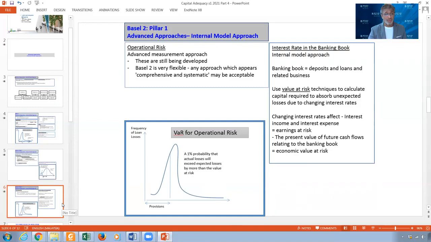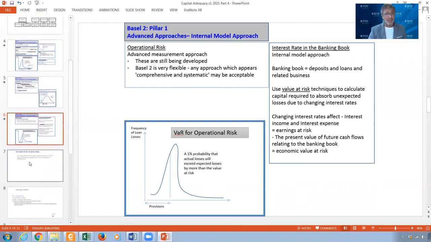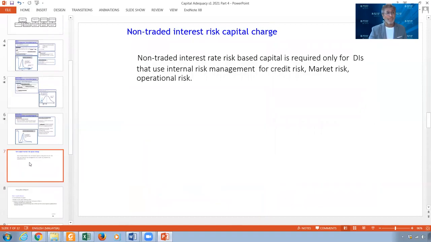All of this needs data and expertise, and big banks can do that. We also have non-traded interest rate risk-based capital, which is for the assets in the banking book.